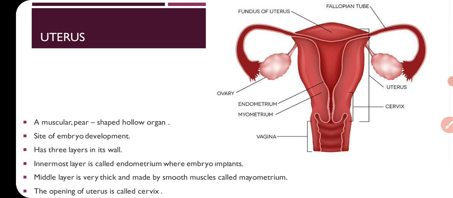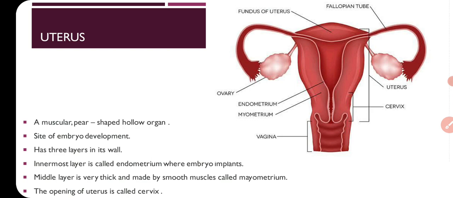Endometrium is the place where embryo implants, and the middle layer of the uterus wall is very thick and made of smooth muscles, called myometrium. The opening of uterus is called cervix, through which the baby pushes out at the time of delivery and birth.